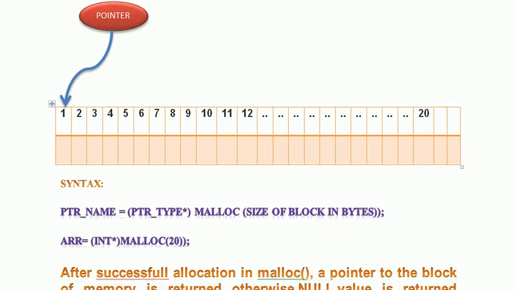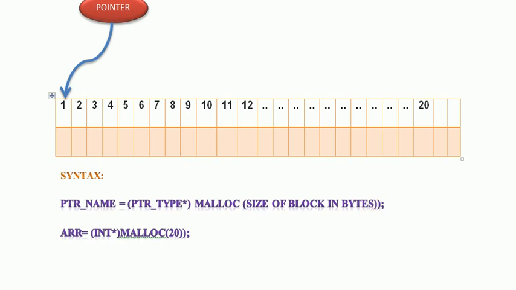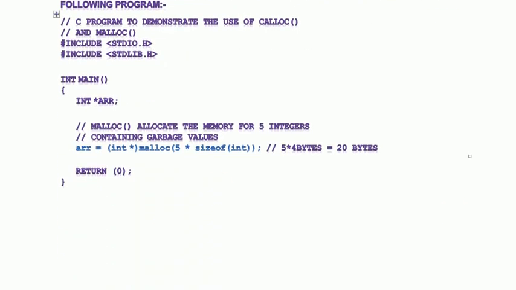Now suppose we have to declare a block of 5 records, and each of the 5 records is of 4 bytes, right? We have to declare a block of 5 integers. So how will we write it? arr equals int star malloc, and we can directly write here 20 if we know the size, or we can also write it like this: 5 into size of int.